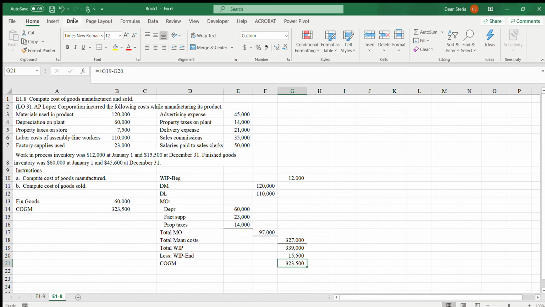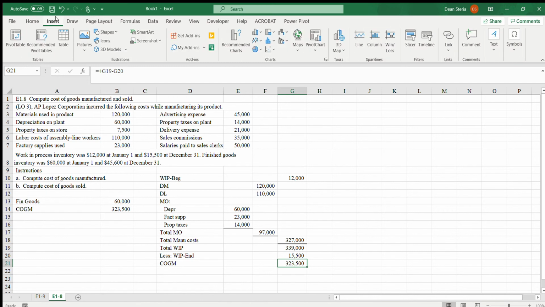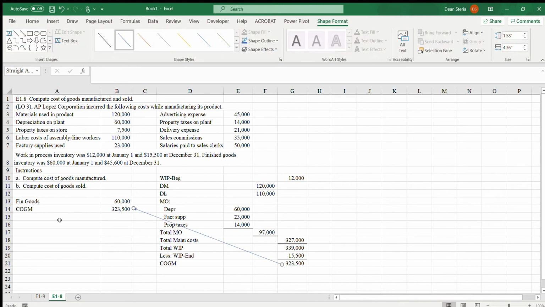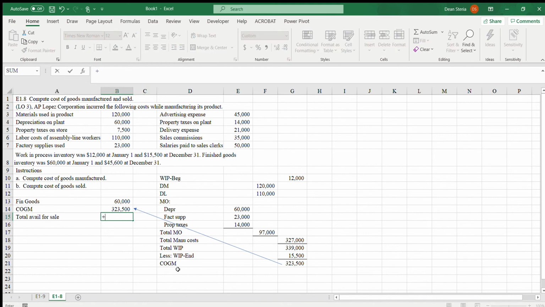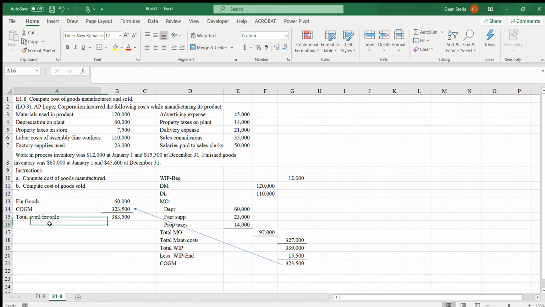Once we have that calculated, it flows right directly into our cost of goods sold statement. So that gives us our total available for sale. Okay, just going to add those two together, and my total cost of goods available for sale is $383,500.